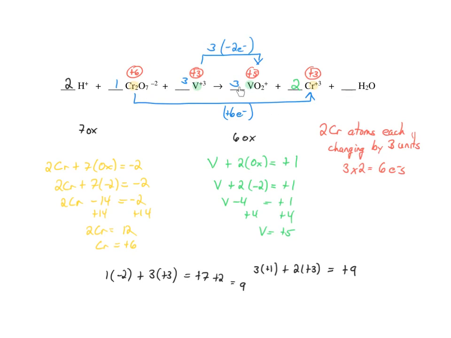Thus far we have 6 oxygens on the product side. So we need 1 additional oxygen in the form of water. So if we've done everything right, our hydrogens are also going to balance. So let's see, we have 2 hydrogens, we're done.